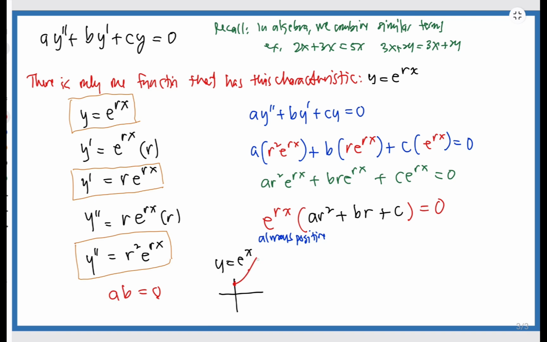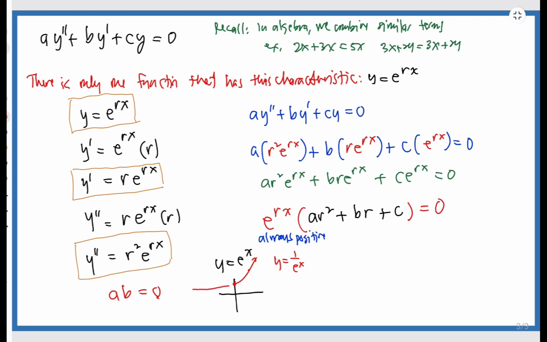When you have an exponent, the function will only grow without limit. But what happens when x is negative? Then y equals 1 over e to the x, so it's less than 1. 1 divided by any number that's not a fraction is smaller than 1.